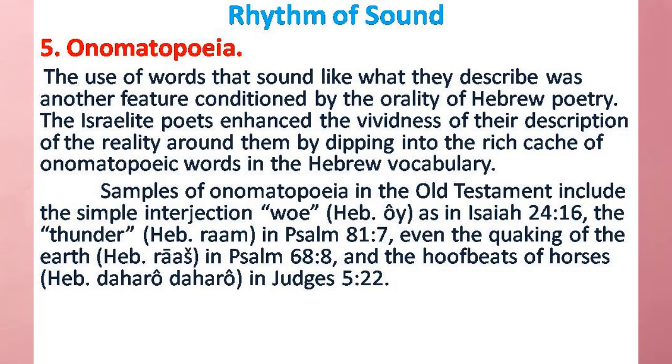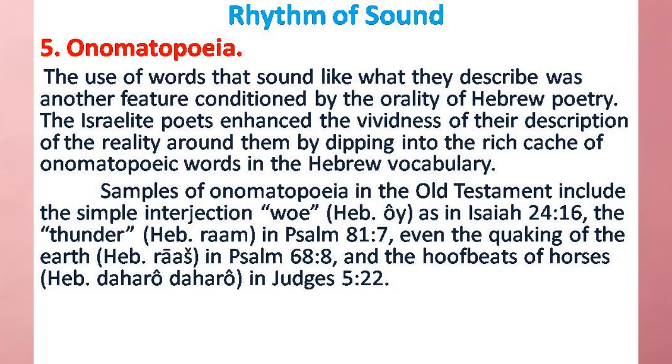The Israelite poets enhanced the vividness of their description of the reality around them by dipping into the rich catch of onomatopoeic words in the Hebrew vocabulary. Israelite poets use this kind of word so that they can easily communicate, so that by hearing that word, the recipients get a picture of that idea.